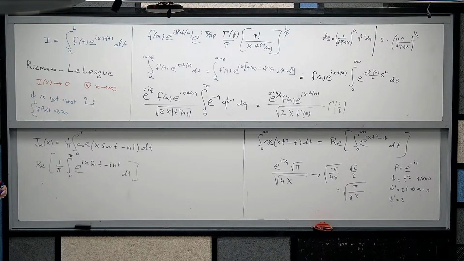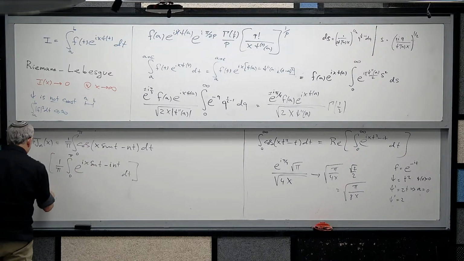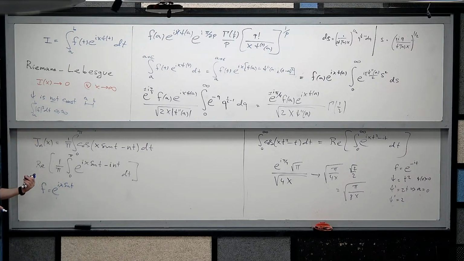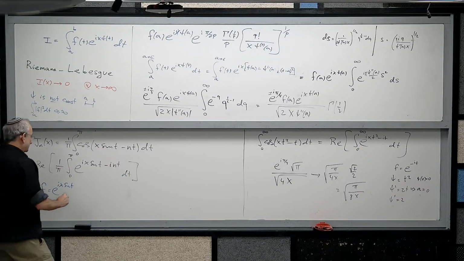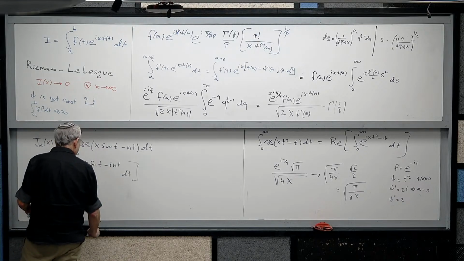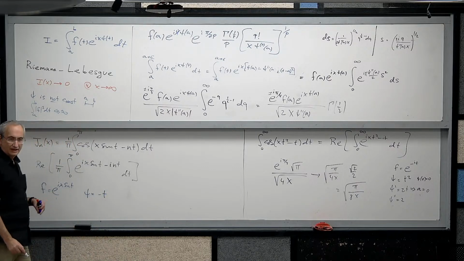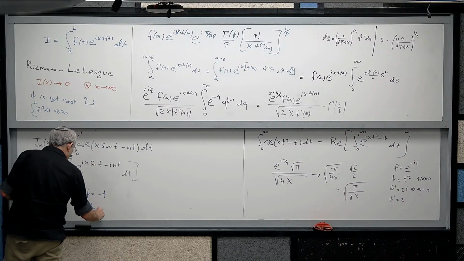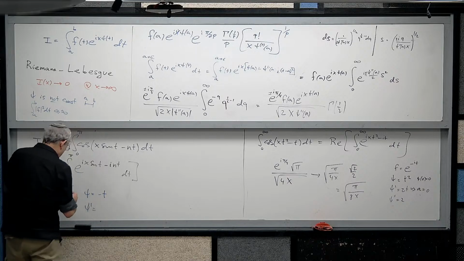F is e to the ix sine t, because n goes to infinity. And what is psi? Minus t. So psi prime is what's going on here?